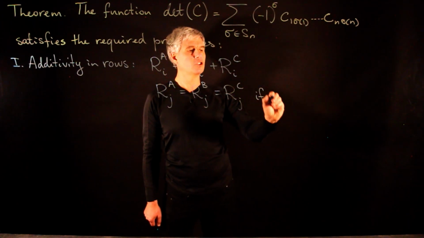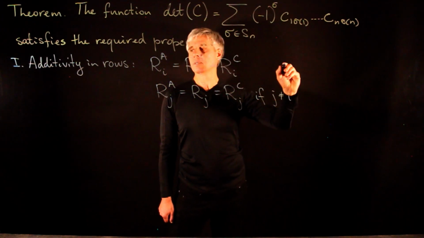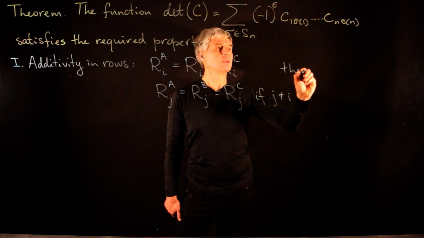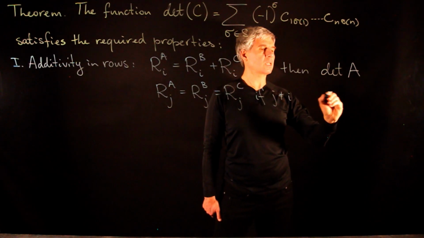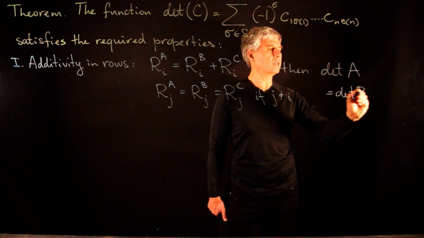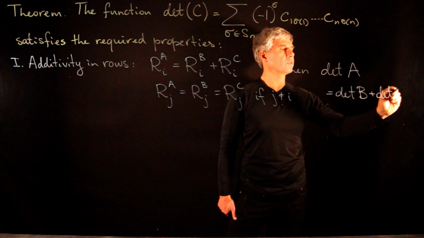So if J is different from I, then determinant of A is equal to determinant of B plus determinant of C.